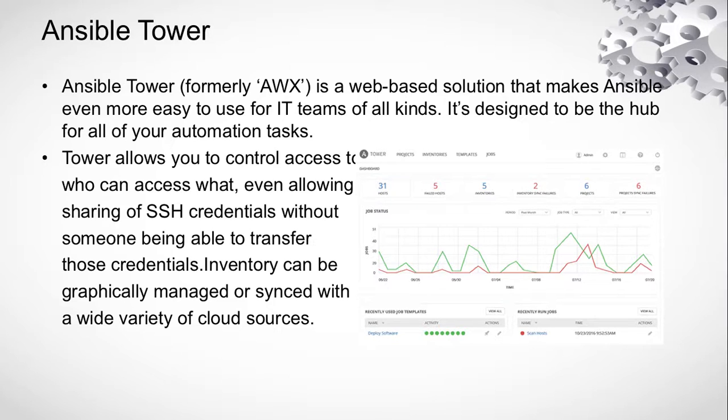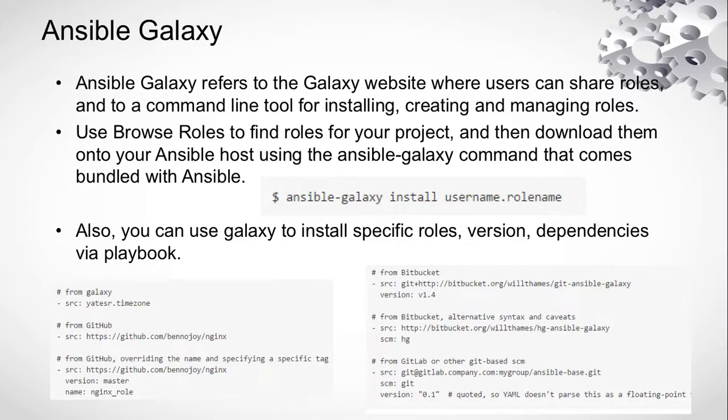And lastly, I will show you Ansible Galaxy. Ansible Galaxy refers to the Galaxy website where users can share roles, and to a command line tool for installing, creating, and managing roles. The most familiar way to use Ansible Galaxy is in the command line.